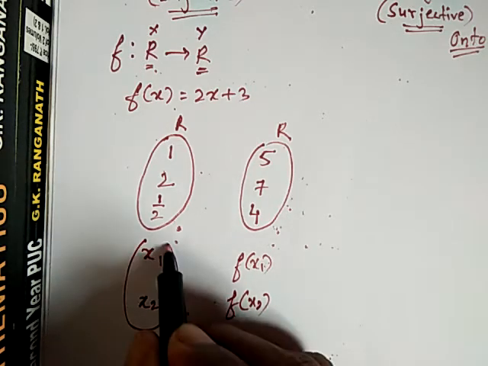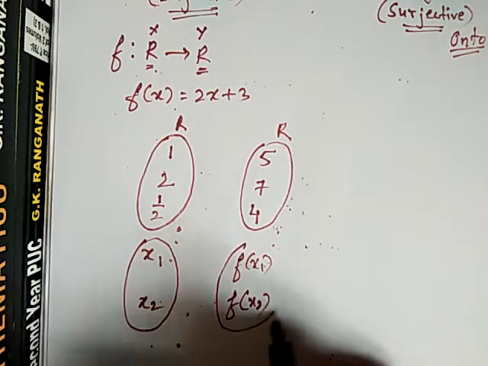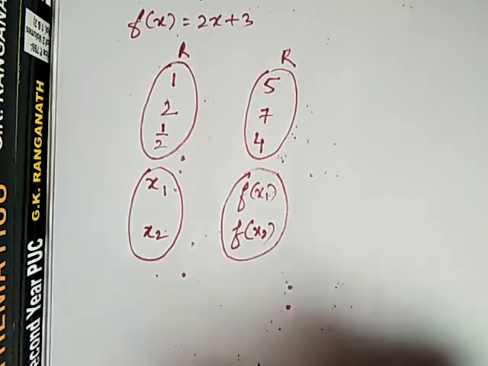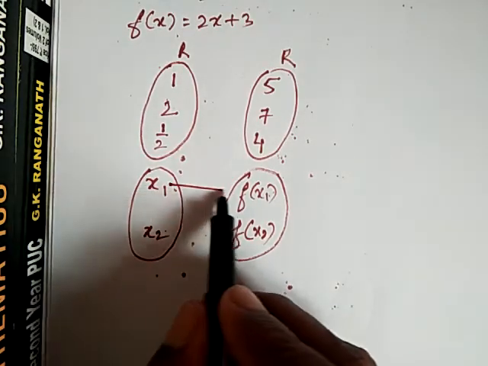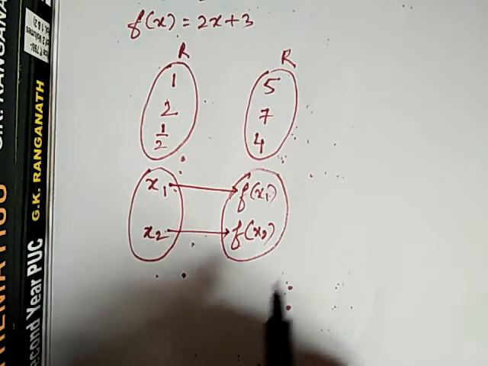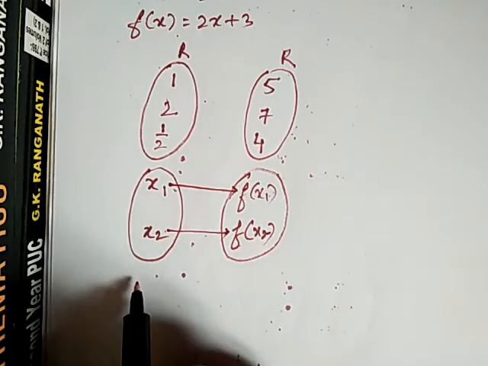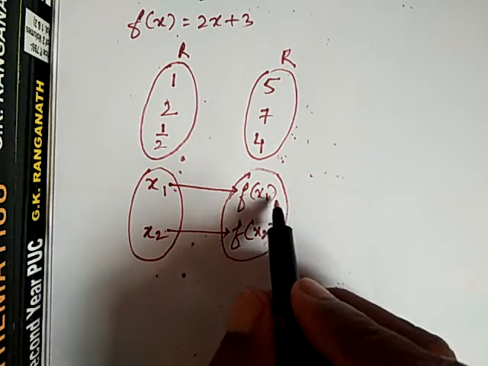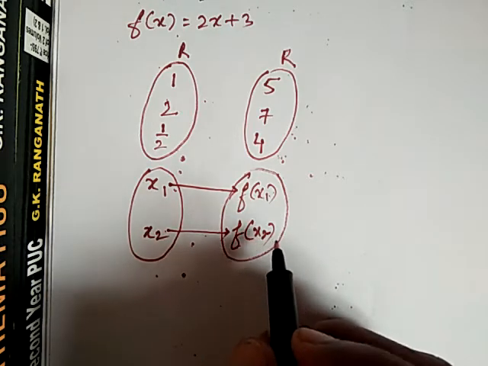So I will consider a separate domain and codomain. If you consider x1, you get f of x1. If you consider x2, you get f of x2. Suppose we assume that f of x1 is equal to f of x2.